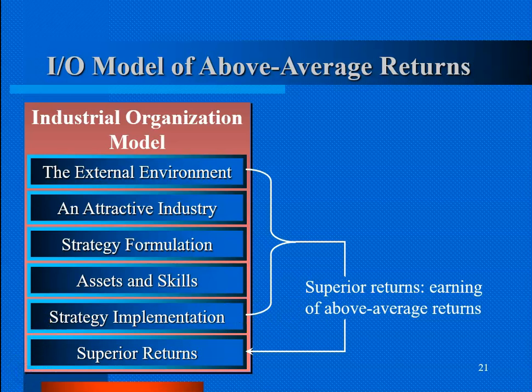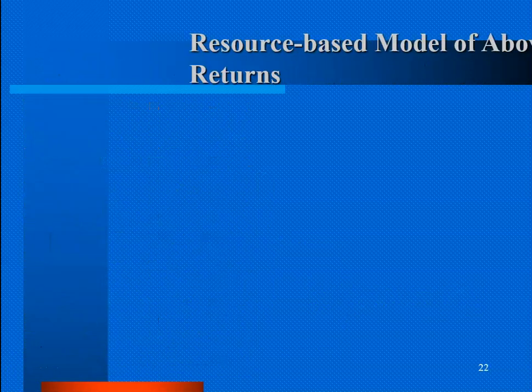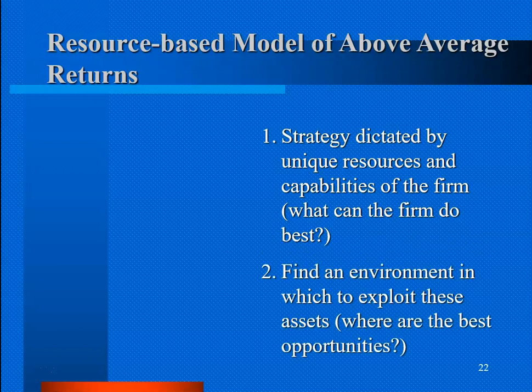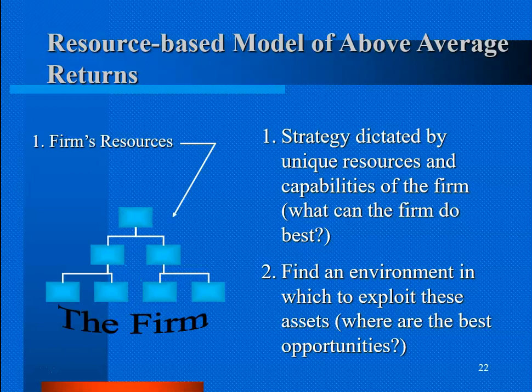So next we are going to look at the resource-based model of above average returns. Remember we had said that the industrial organization looks at the external and the resource-based looks at the internal. So strategy is dictated by unique resources and capabilities of the firm.